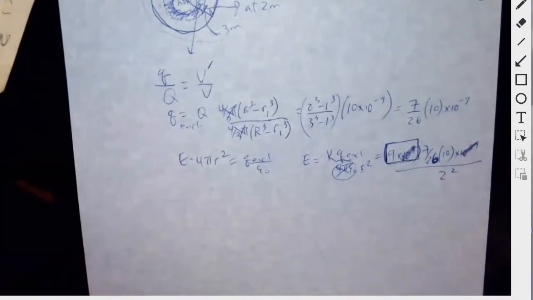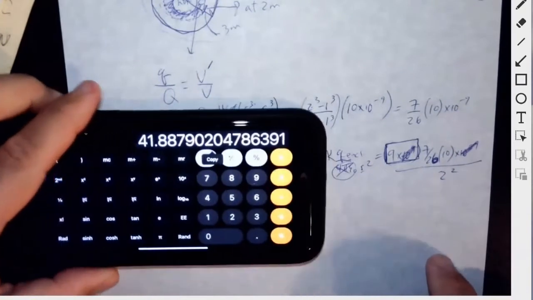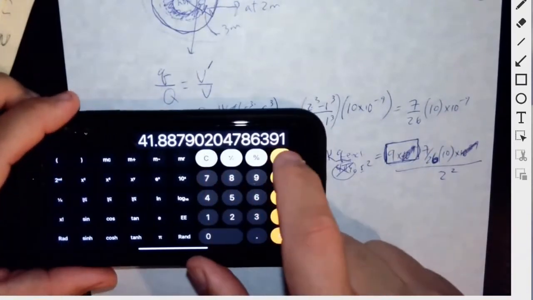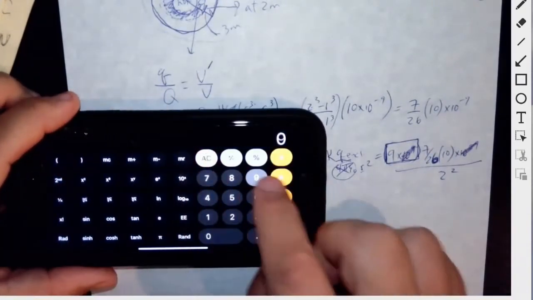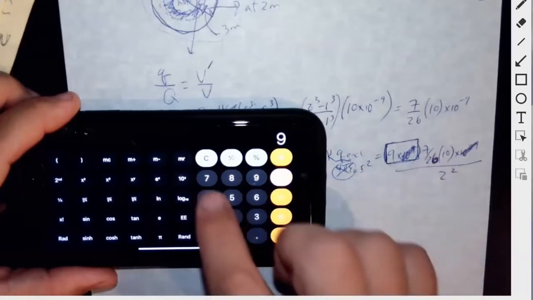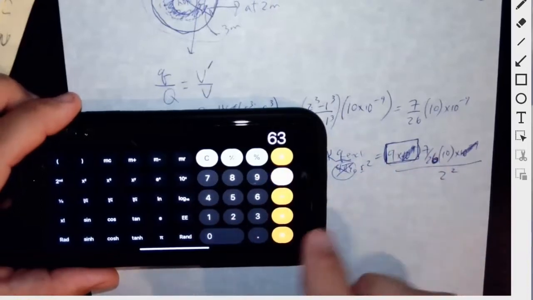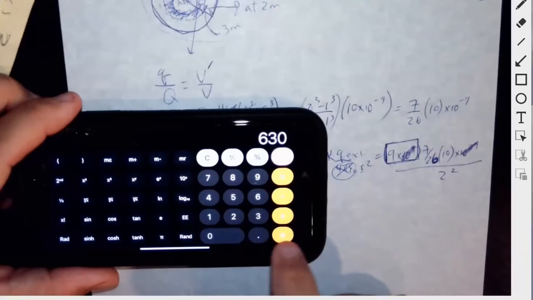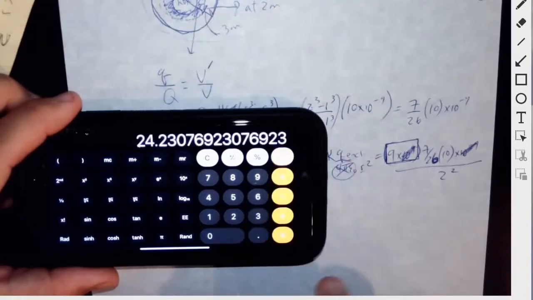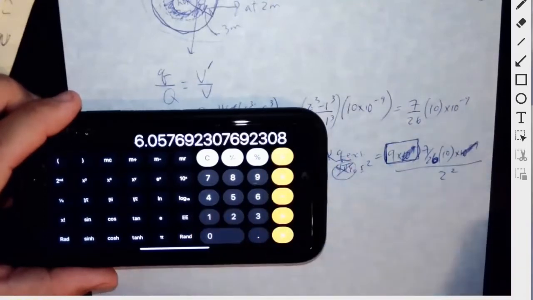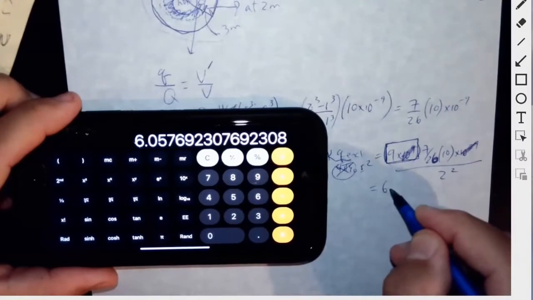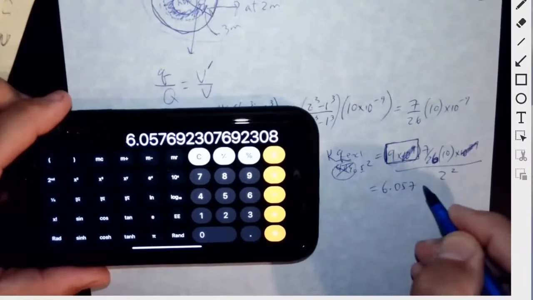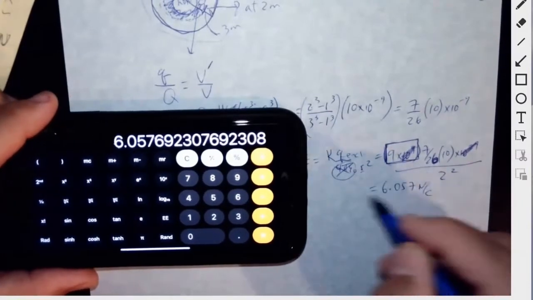Okay, so now nine times 7 times 10 divided by 26 divided by 4. Ooh, 6.057 newtons per coulomb.